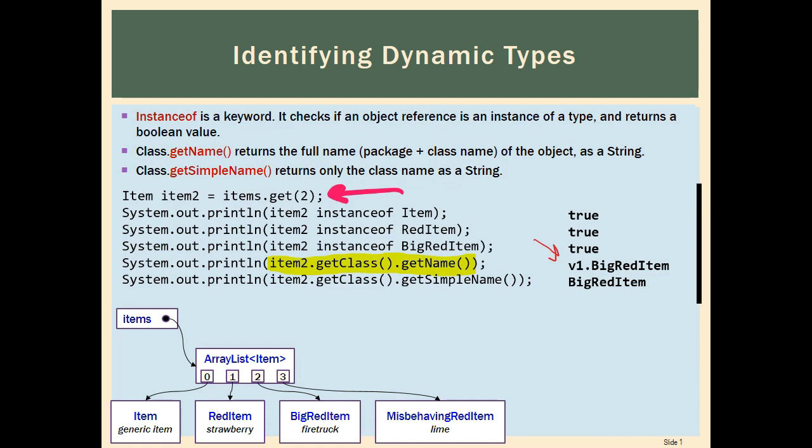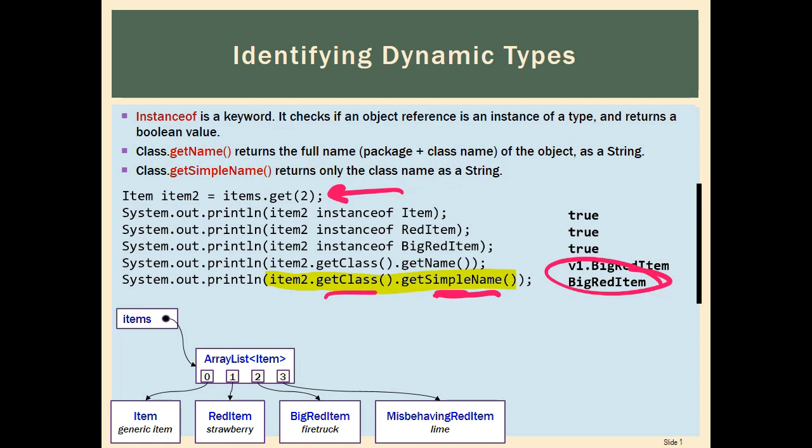And the reason why it is v1 is it includes the package as well as the class name. If we don't like that, we can simply use a different method. We can look at item 2, we can get its class, and then we can get its simple name, and its simple name would be bigRedItem.